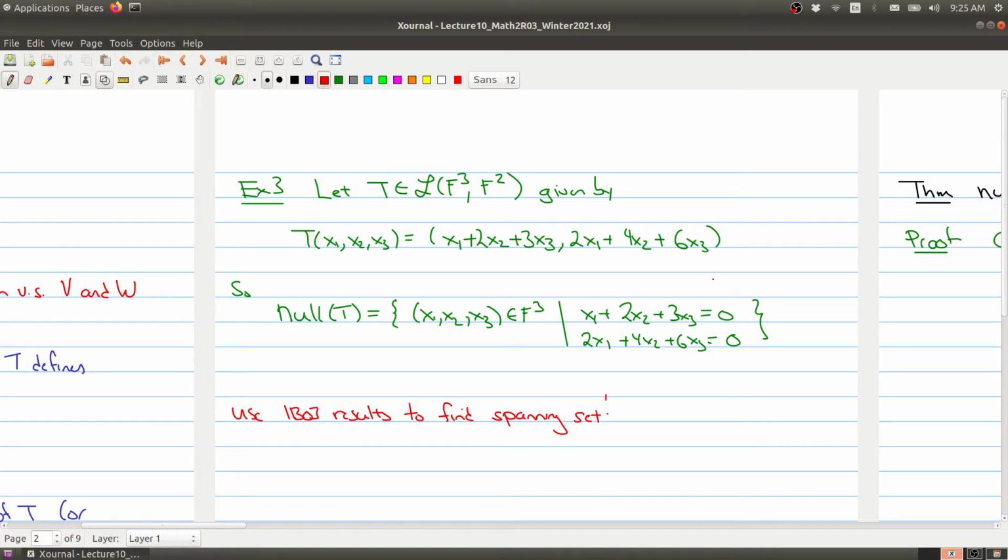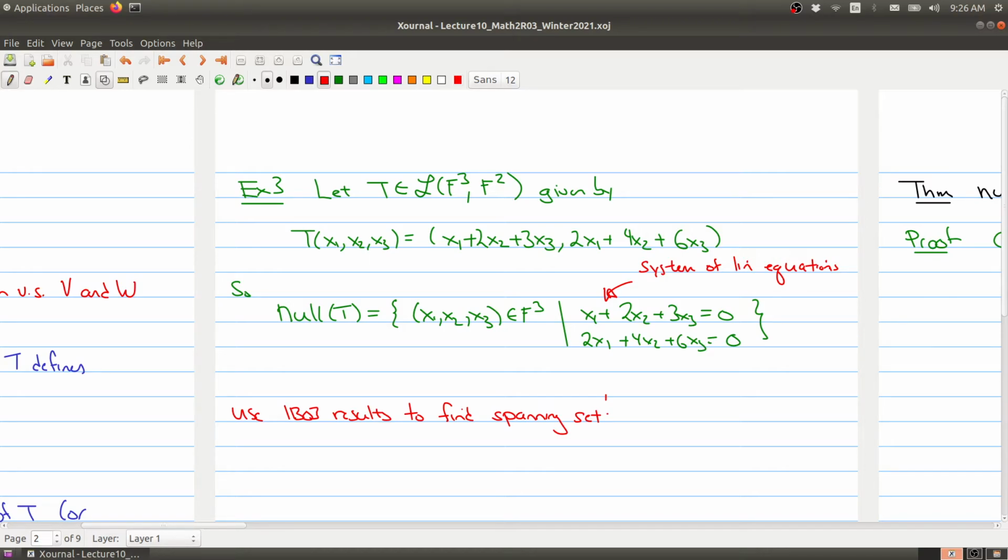Okay, but if you look at what I've written here on the right-hand side, this is a system of linear equations. So we're back in the land of Math 1B03.